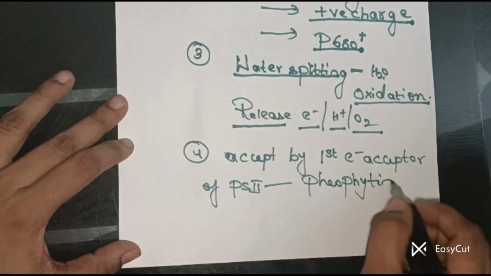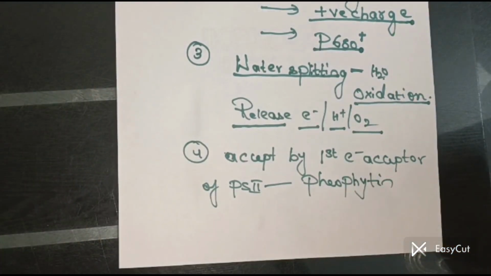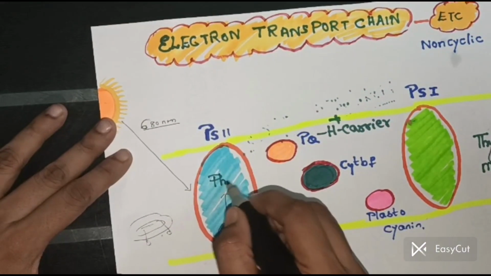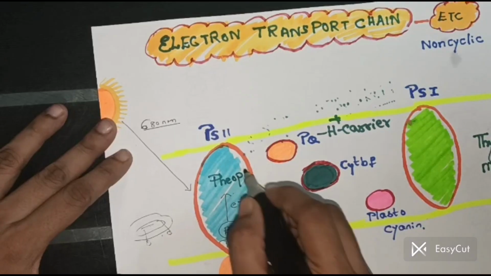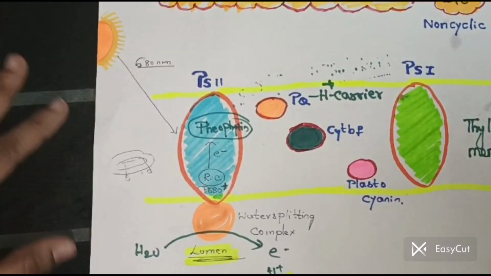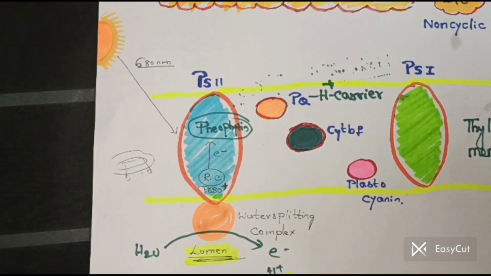Repeat this point: the electrons extruded by the PS2 are going to be accepted by the very important first electron acceptor, which is pheophytin. So if people ask you, the first electron acceptor of the PS2 is dash, pheophytin.